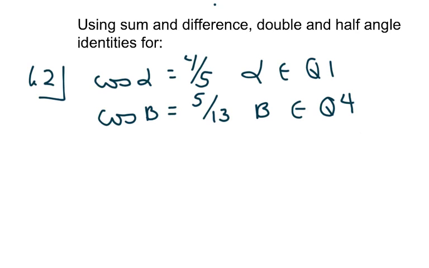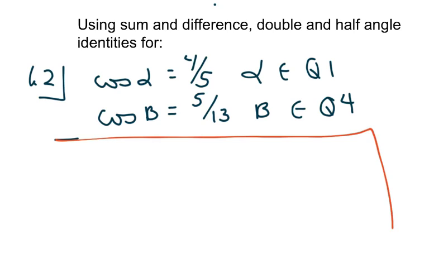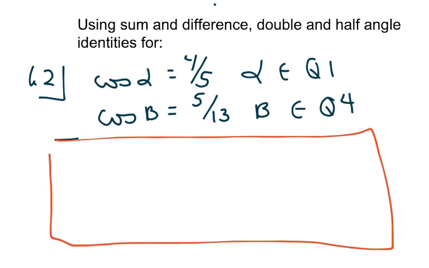The first thing you need to do is find all the values, because you have to know them all to fill in the formulas. And all we're doing is plugging in formulas. So since alpha lives in quadrant 1, we're going to find sine of alpha, and you should know that's 3 over 5.